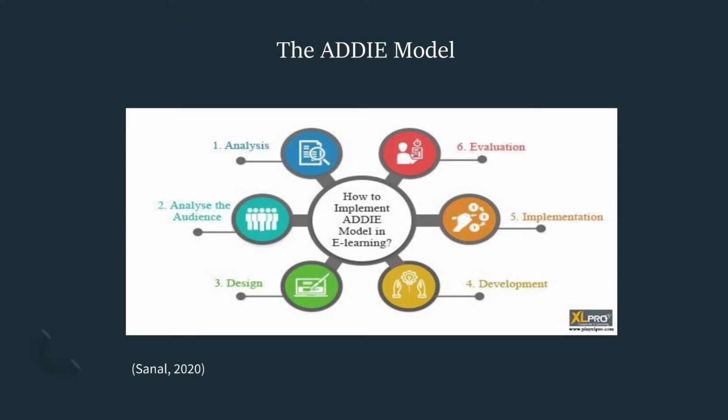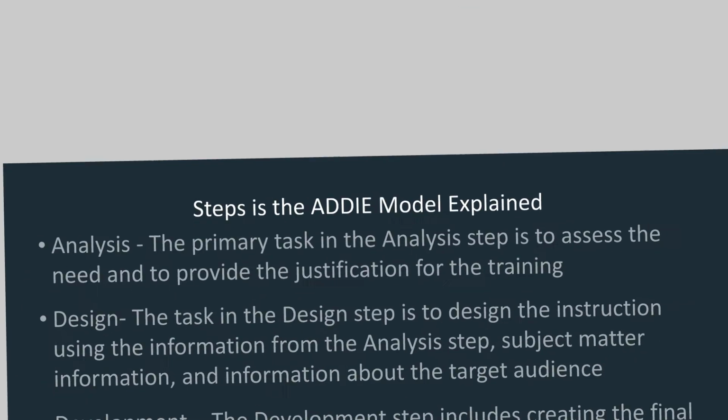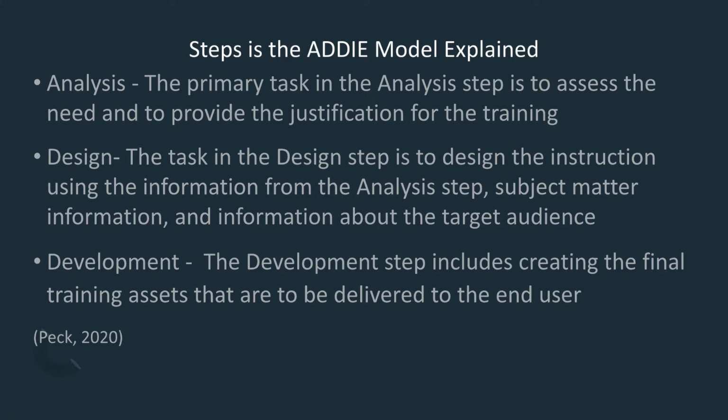The ADDIE model includes the following steps: analysis, design, development, implementation, and evaluation. In the analysis step, the primary task is to assess the need and provide the justification for the training.